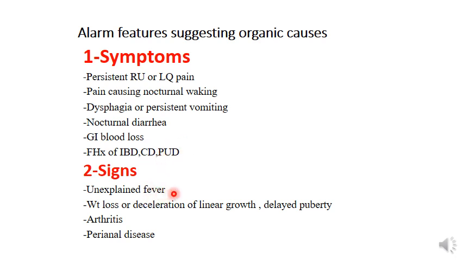Signs: unexplained fever, weight loss, or delayed puberty, arthritis, and perianal disease. These all indicate an organic cause. So when you take the history and do the physical examination, you check for red flag signs and symptoms of abdominal pain, to exclude any organic cause.